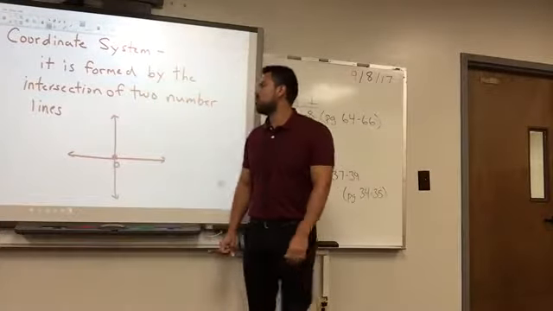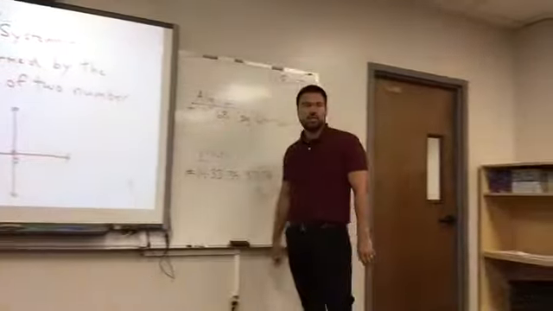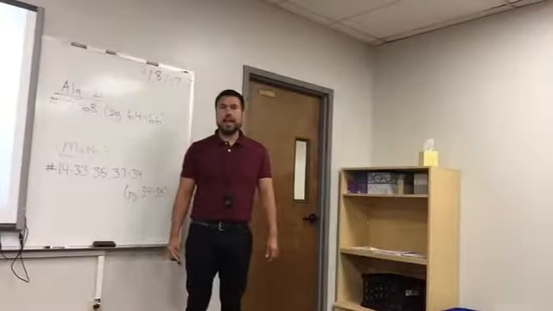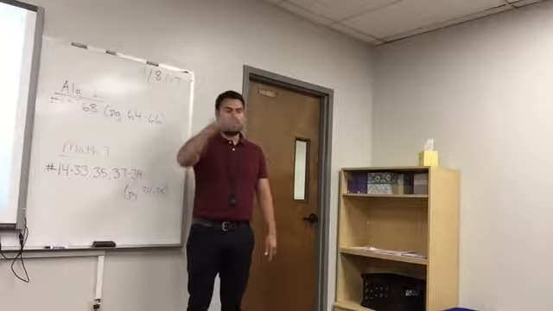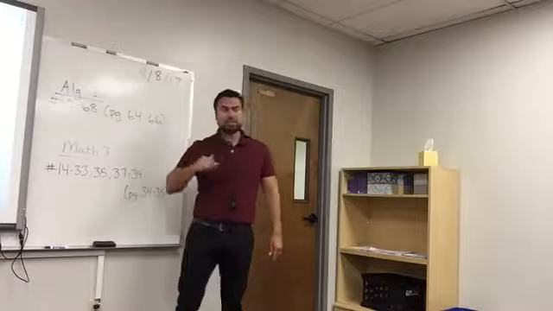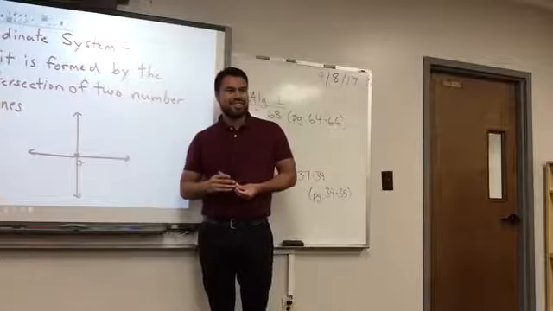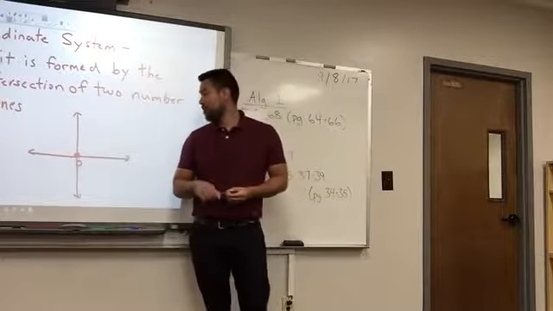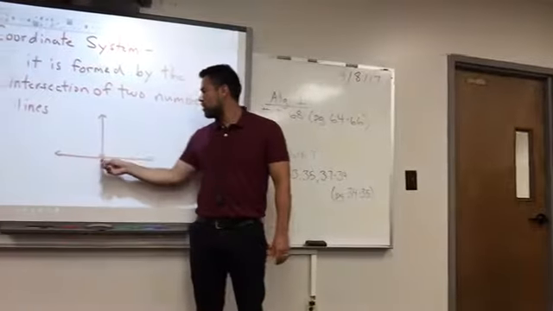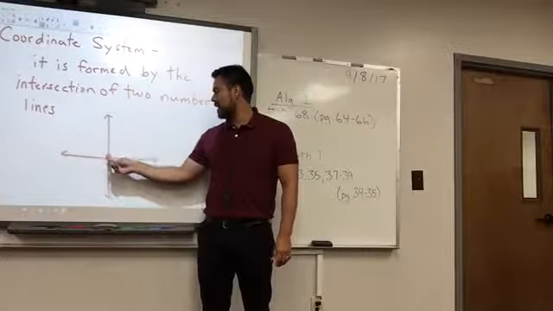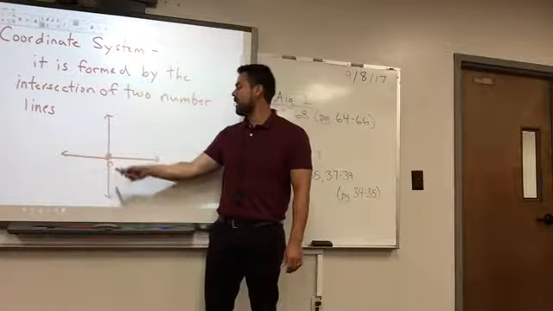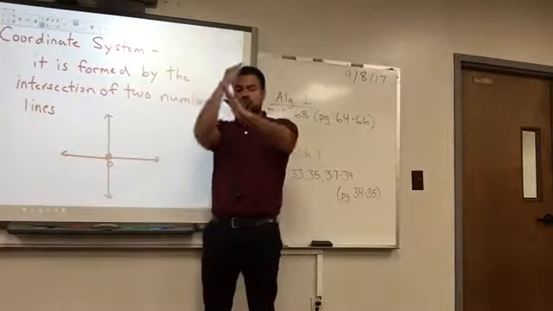So where do these two number lines intersect? At both of their coordinates specifically. What are those coordinates? John? 0. So you see this horizontal 0. And this number line starts at 0 right here when they intersect.